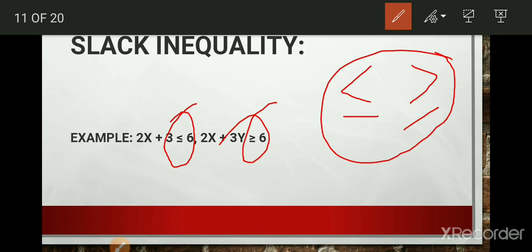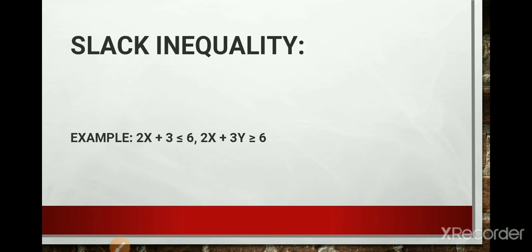Inequalities means it is not equal: less than, greater than, not equal to, less than or equal, greater than or equal. These are the inequality symbols. A mathematical expression involving only less than or greater than is called a slack inequality.